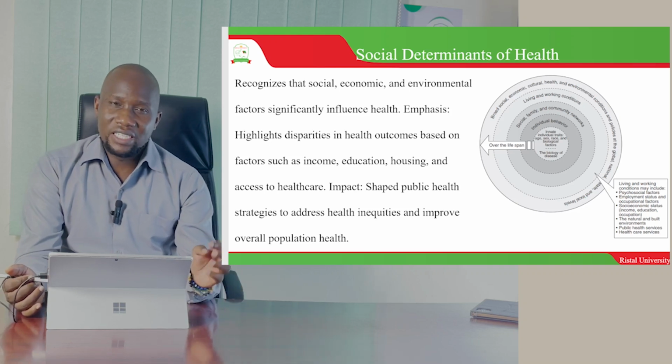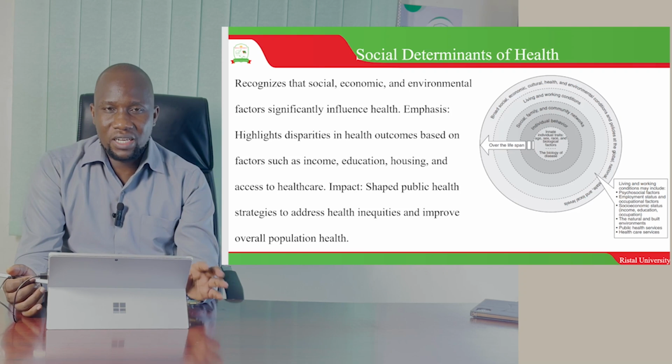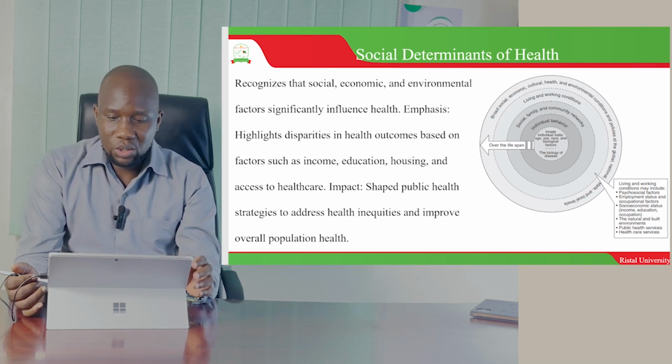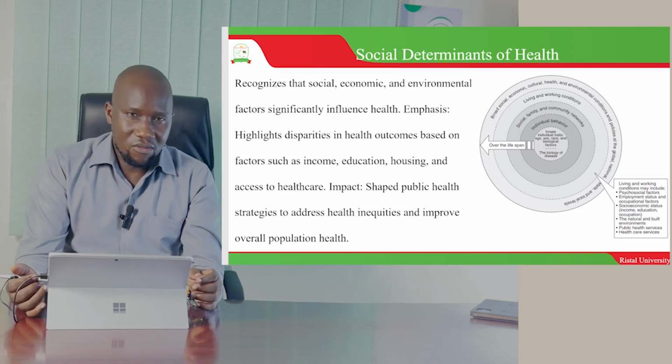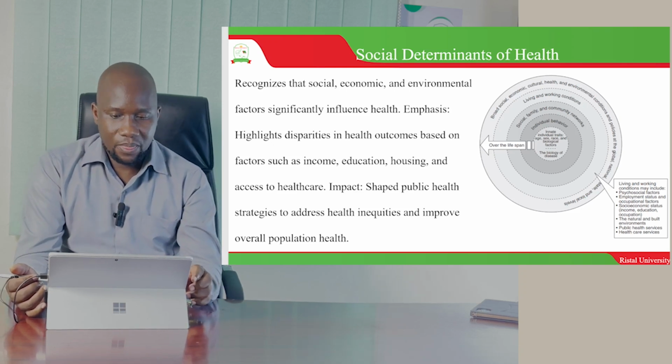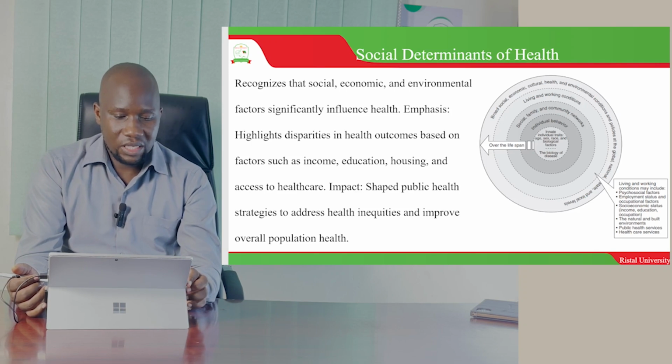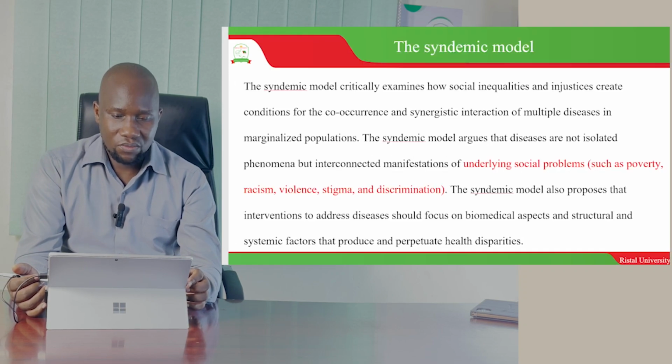So it still looks at individual factors, family factors, interpersonal factors, societal or community factors, and then the national factors. All these things will influence the level of health. That is the social determinants of health model.